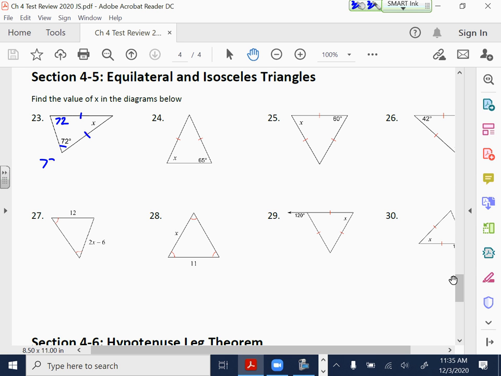We have 72 plus 72 plus x is equal to 180. There's other ways to do that a little bit, but that's the easiest way. So it's 144 plus x is equal to 180. Subtract 144. X is equal to 36.